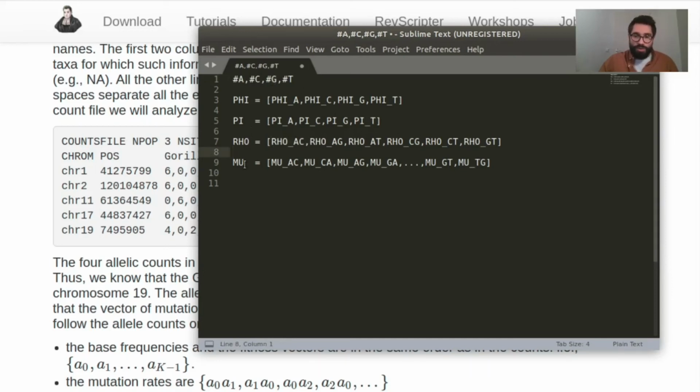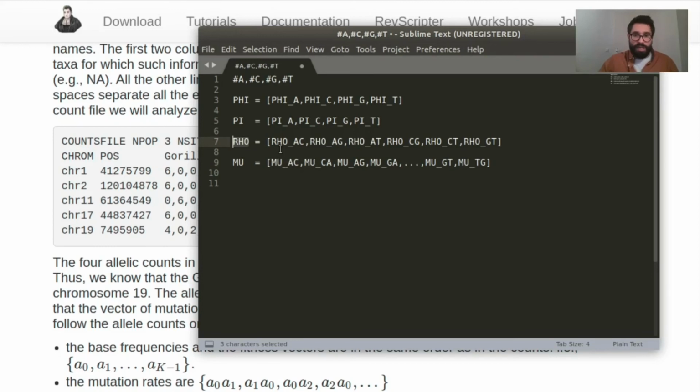For the mutation rate, if we do not use reversible mutations, we will not have the pi and rho vectors. Instead, we'll have a single mu vector. And this is the mutation rates. So what we do, we follow more or less the same rationale for the rho vector, for the exchangeabilities, but of course we have to also account for the back mutations.